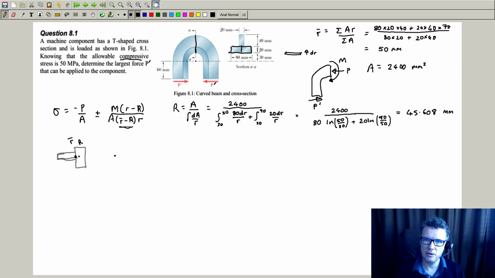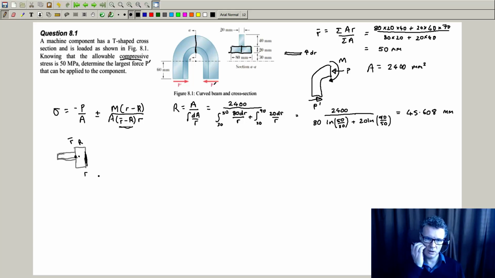I would guess we're looking for compression on this side. I'm pushing it in. Yeah, so the outer side is going into tension. So this is my location of interest.